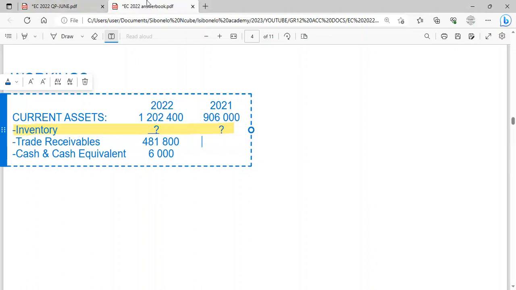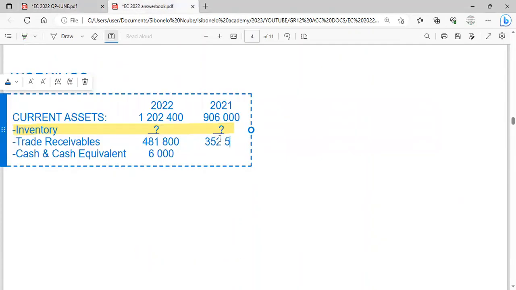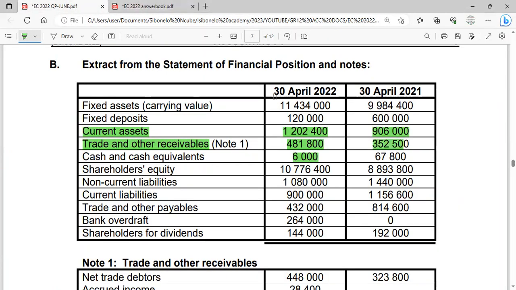We are given trade receivables for 2021 as 352,500. And then cash and cash equivalent for 2021 is given as 67,800.